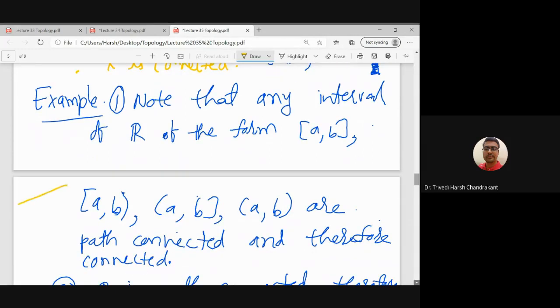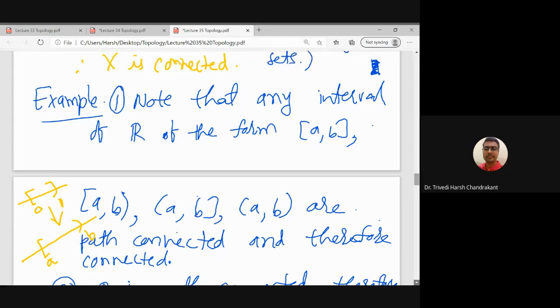Because for example, I take any interval 0 to 1, then I can always find a continuous function from [0,1] to any interval, so I can find always an image of this particular interval which is some interval c to d.